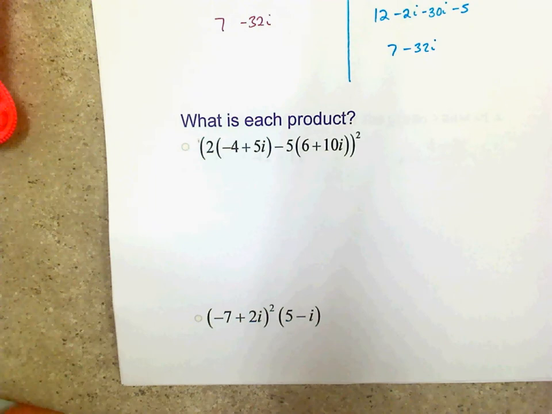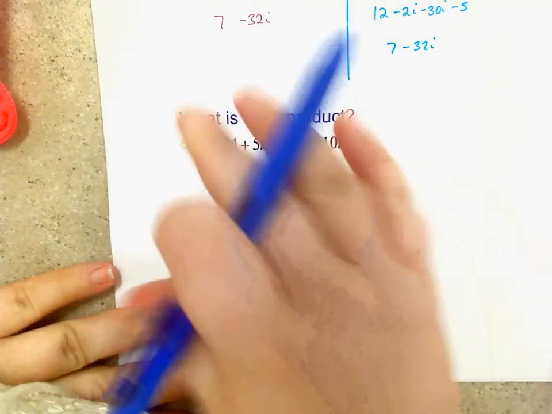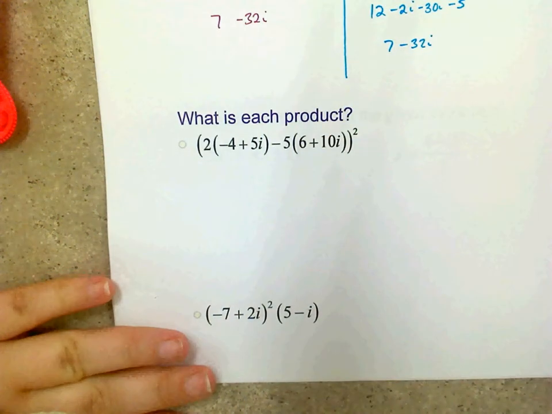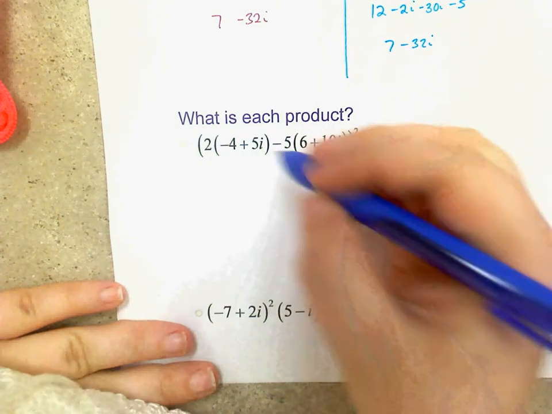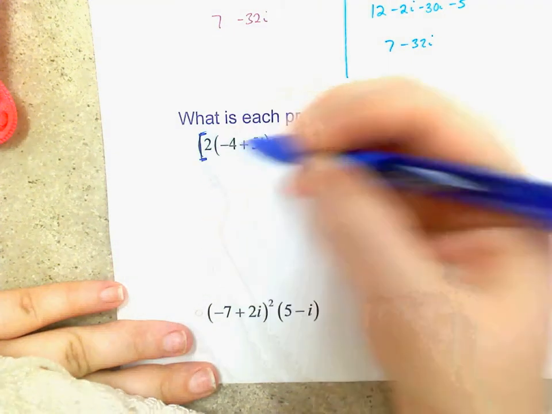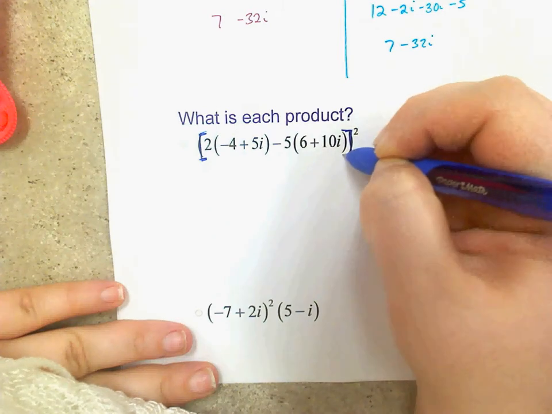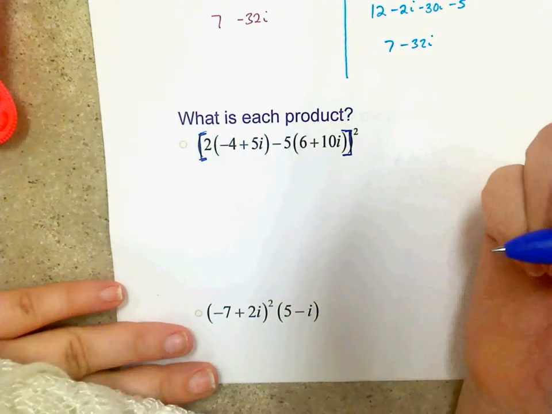So on this one, it says the quantity 2 times the quantity negative 4 plus 5I minus 5 times the quantity 6 plus 10I, all being squared. So this is all being squared, and I can't actually square it until I've simplified the inside. So I'm going to go ahead and distribute.